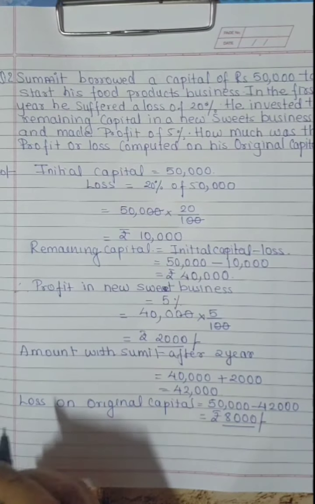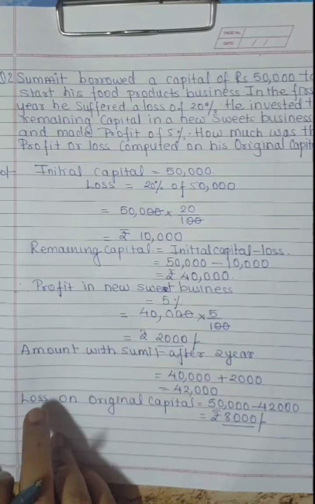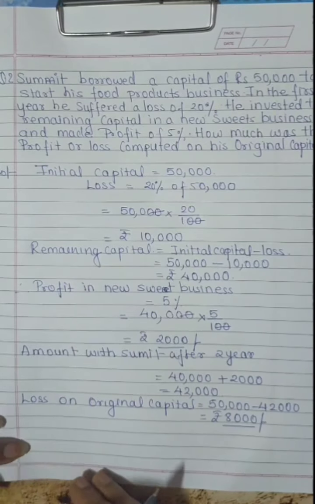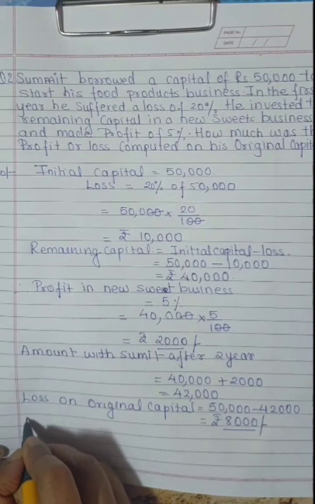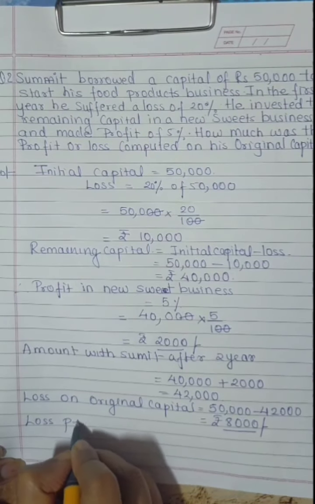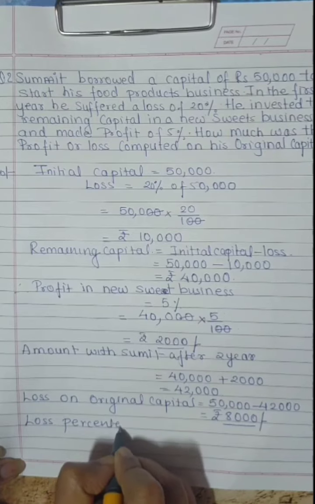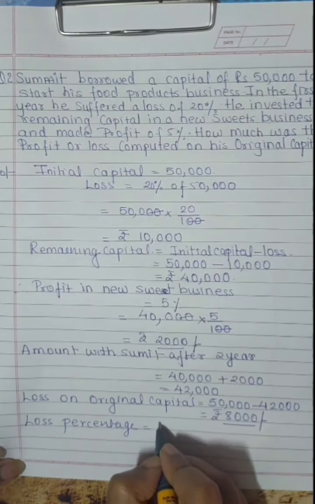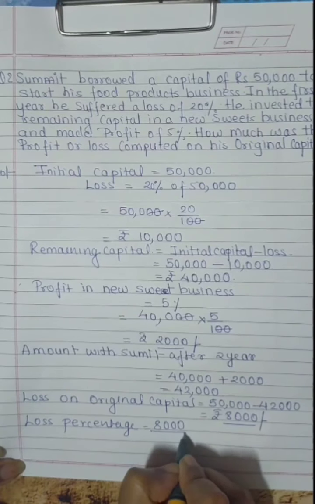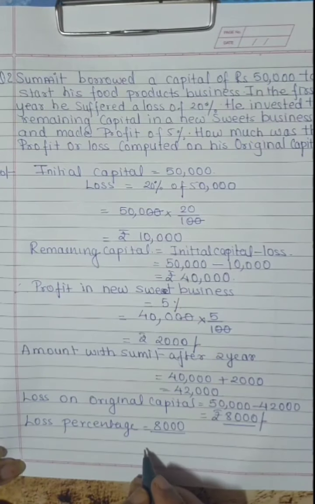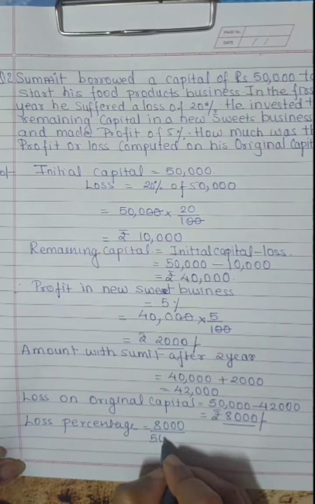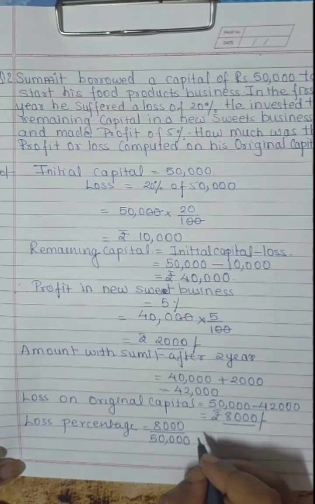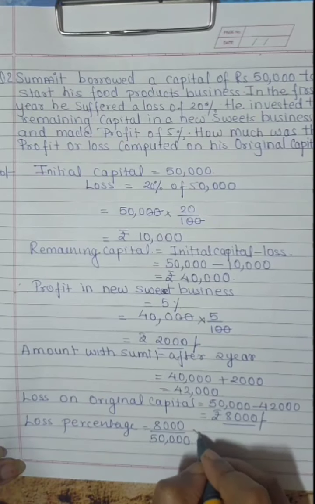Now here we have to find the percentage of loss. So loss percentage is equal to total loss, that is 8,000 upon capital, how much? 50,000, multiplied by 100.